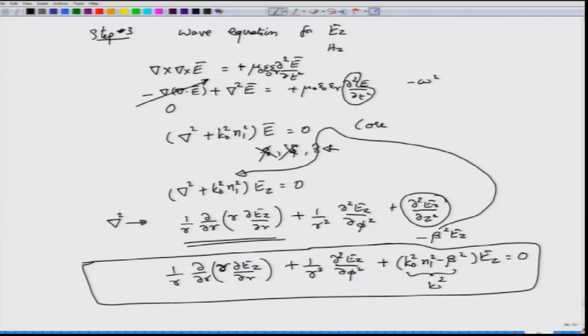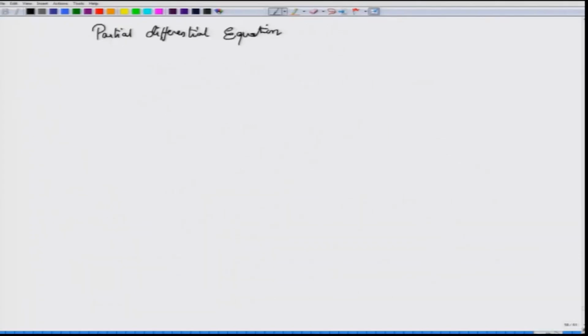The standard way, or at least one of the simplest ways, to begin to see whether this PDE has a solution or not, is to employ what is called the method of variable separation, or sometimes called the variable separable method. In this method, what we try to do is to assume that Ez can be written as a function only of r and a function only of phi.